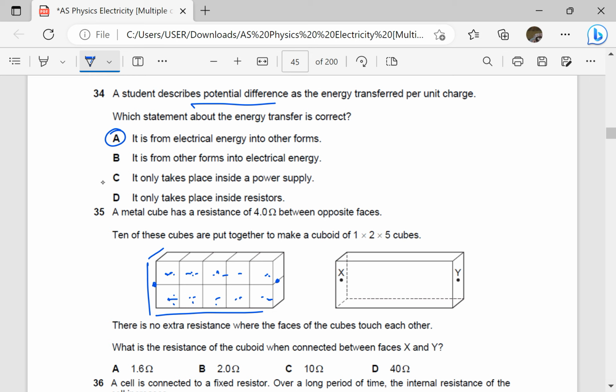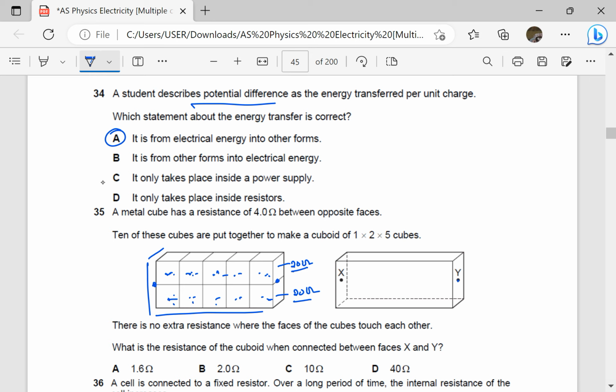So you have 4 plus 4 plus 4 plus 4 plus 4. So here up we have 20. 4 times 5, that is 20 ohms there in series. And here we have also 20 ohms in series. But the 20 ohms in series and the 20 ohms in series are again going to be in parallel if we put a connection across X and Y. Therefore, again we find resistance in parallel.